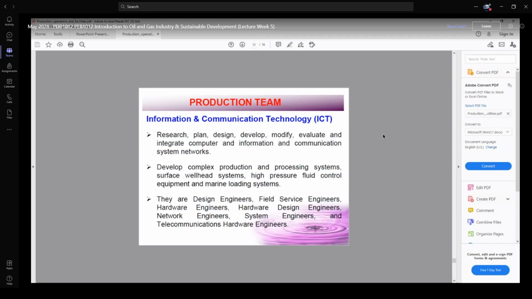So they are also involved in the development of the complex production and processing system, right? Surface wellhead system, high pressure fluid control equipment, and marine loading system. So they are actually the design engineers, field service engineers, hardware design engineers, network engineers, system engineers, and telecommunication hardware engineers.